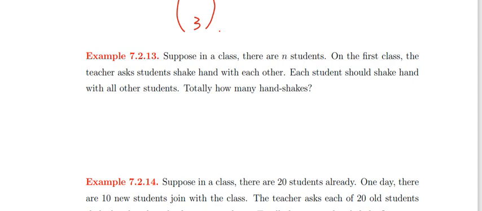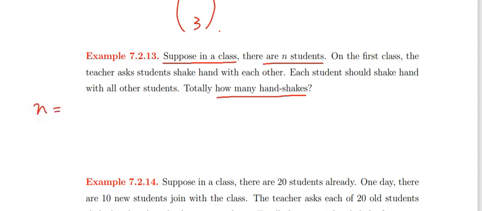So let's consider this problem. Suppose in a class there are n students. On the first class, the teacher asks the students to shake hands with each other. So how many handshakes? Let's check. Suppose that n equals 3.